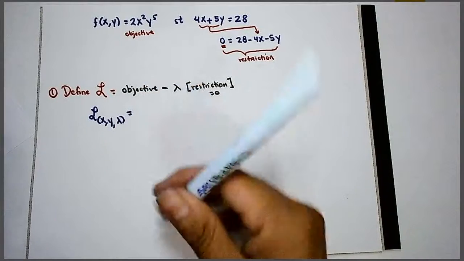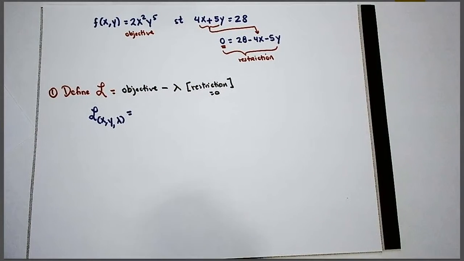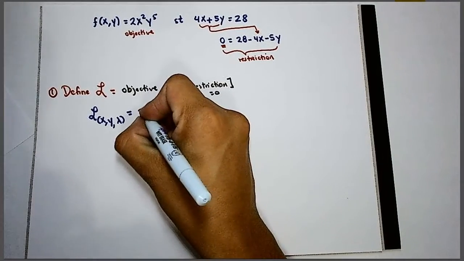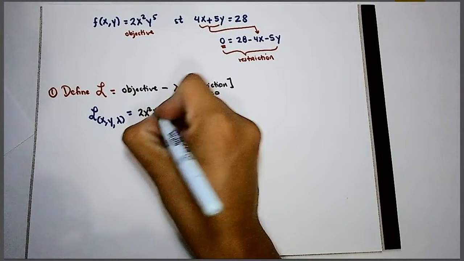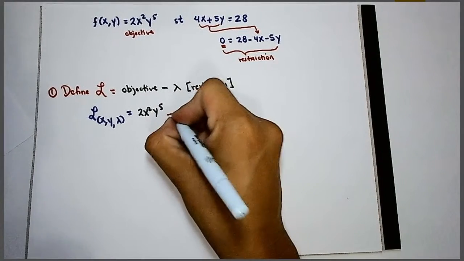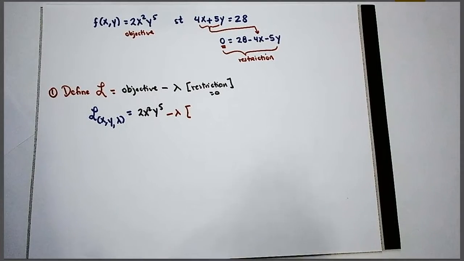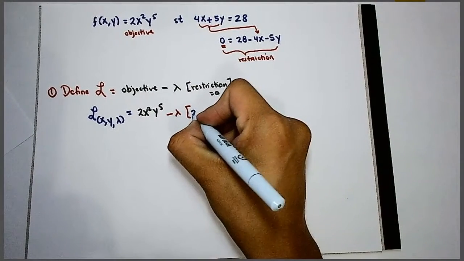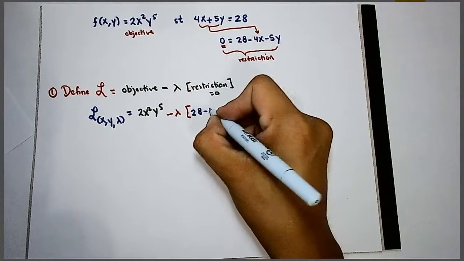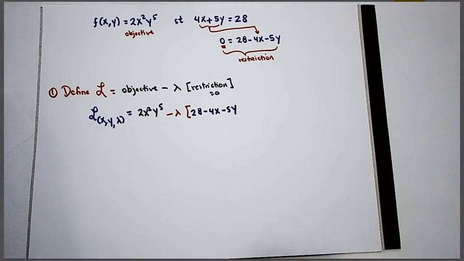So this is equal to the objective function, which here is 2x squared y to the fifth, minus lambda times the restriction. In this case, this is 28 minus 4x minus 5y. Notice something interesting.